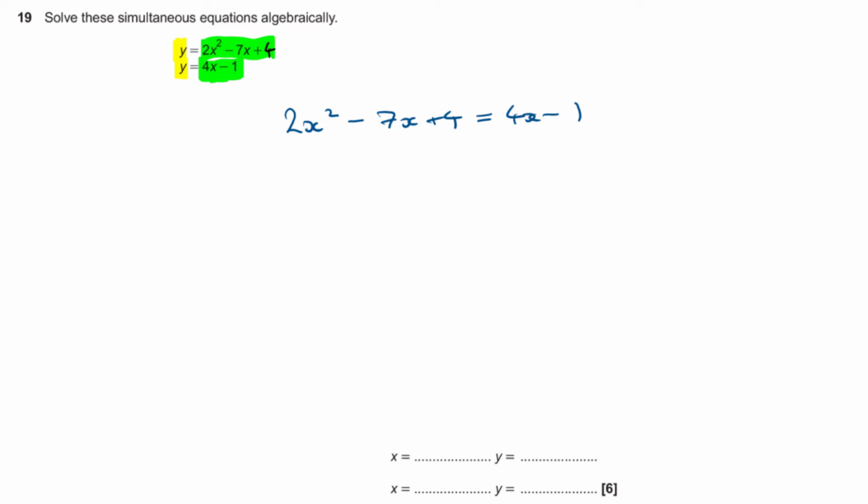If I subtract 4x from both sides, it's going to give me 2x squared minus 11x plus 4 is equal to minus 1, and then add 1 to both sides. 2x squared minus 11x plus 5 is equal to 0. Okay, so I've got a quadratic in x squared. Let's see if we can factorize it.